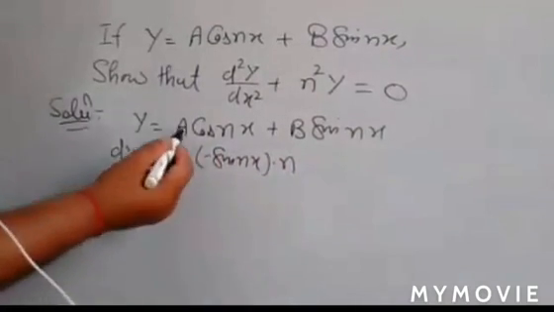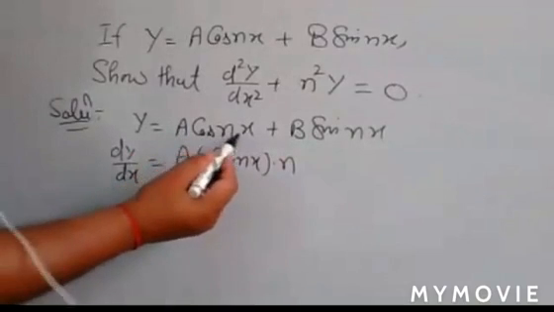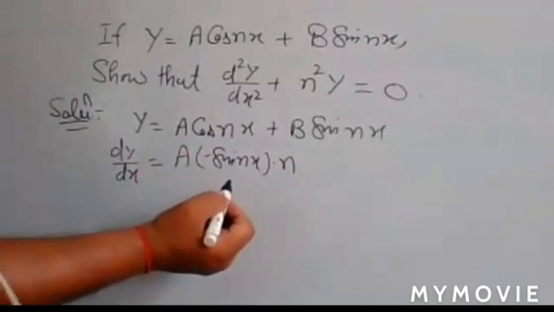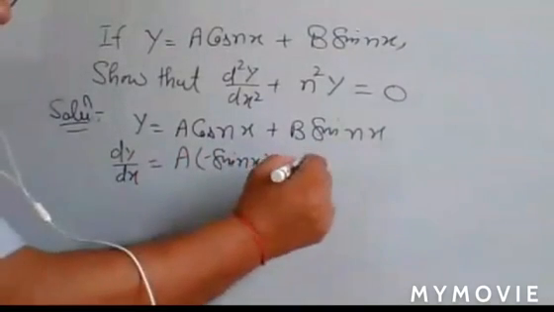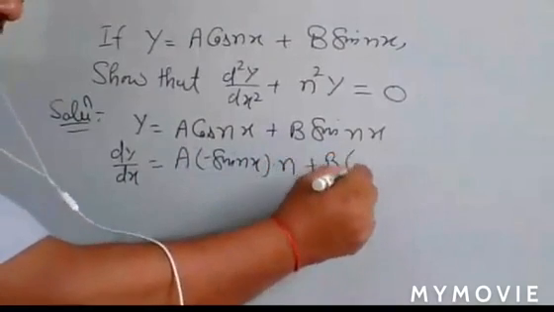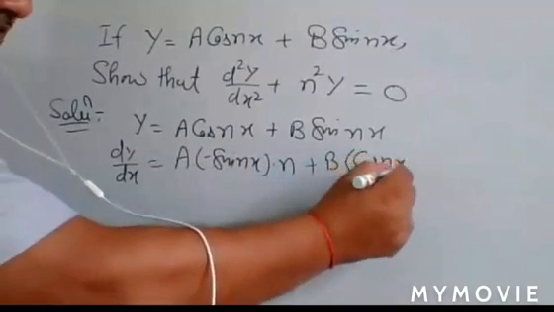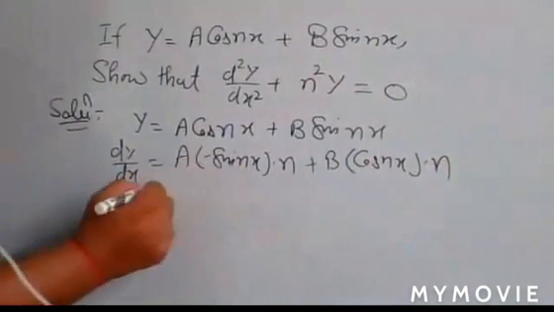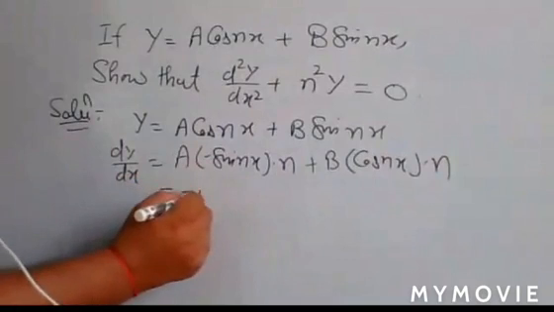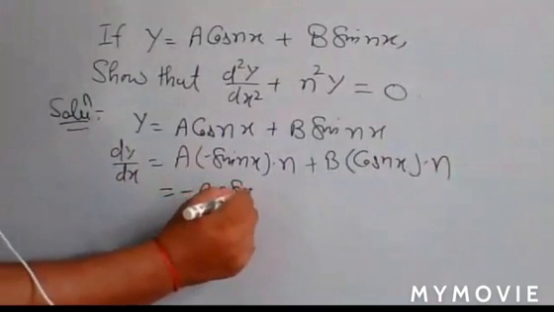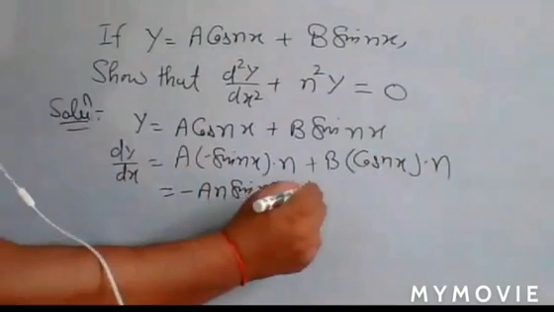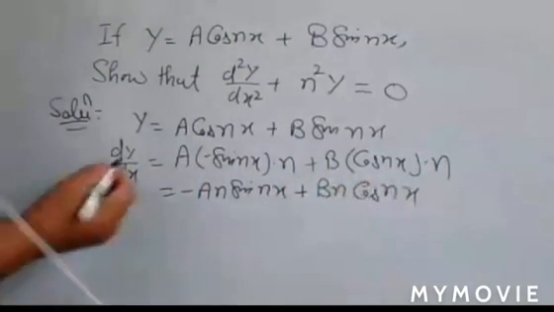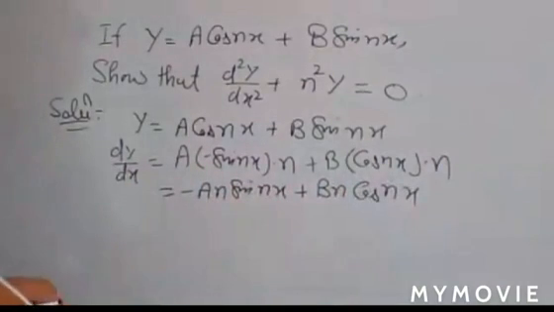Just see, write a here; the differentiation of cos nx is minus sin nx, and the differentiation of nx is n. In the same way, you have b into cos nx into n. You rewrite as minus an sin nx plus bn cos nx. Okay, so that gives the value of dy by dx.